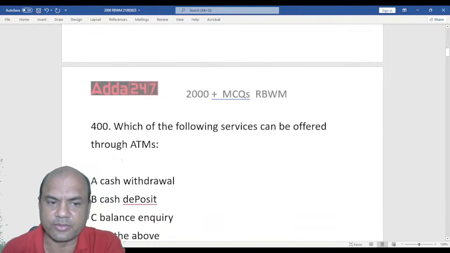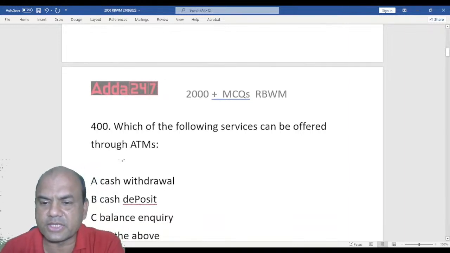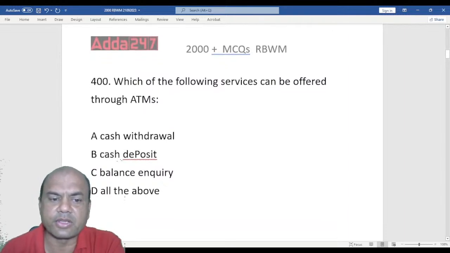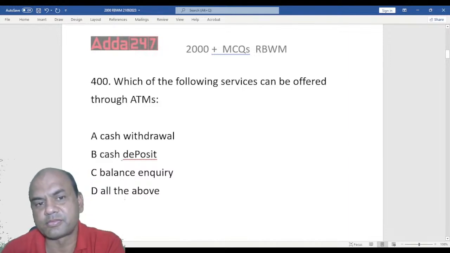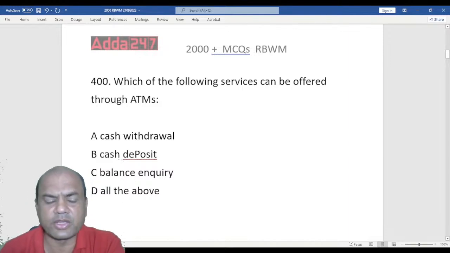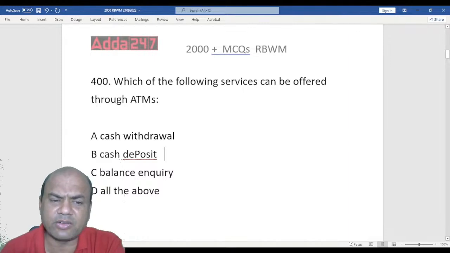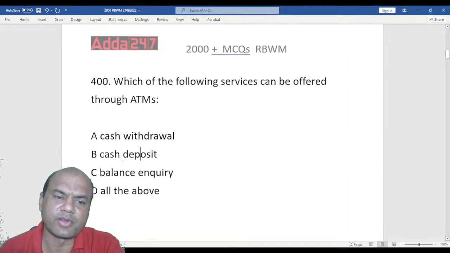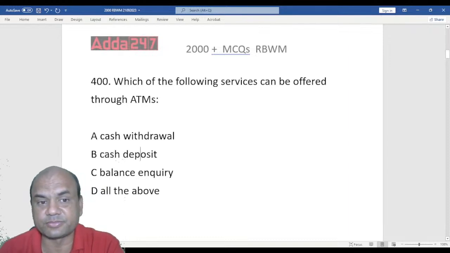Next one. Which of the following services can be offered through ATMs? Cash withdrawal, cash deposit, balance inquiry, all of the above. What do you think? Withdrawal, deposit is allowed in ATMs? How many of you have seen cash deposits in ATMs?